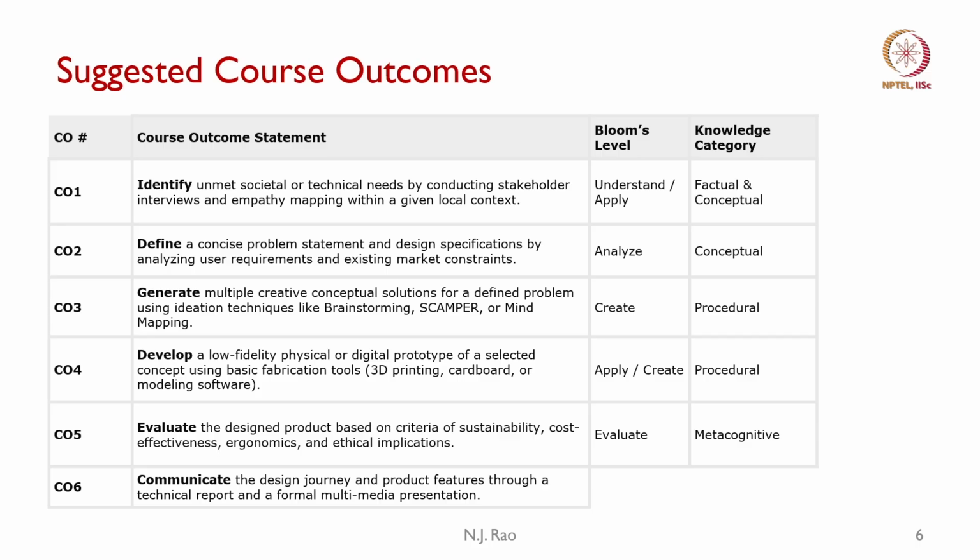And then CO3, generate multiple creative conceptual solutions for a defined problem using ideation techniques like brainstorming, SCAMPER, or mind mapping. Using any of those tools, you can create multiple conceptual solutions. One of the things that you need to learn: never focus on one particular solution and then spend a lot of your time justifying why it is the best.